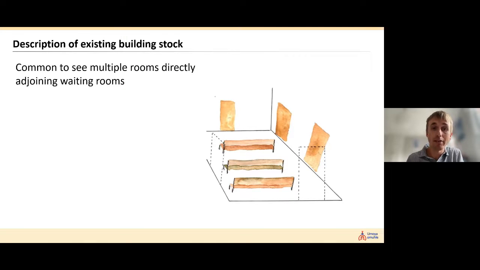Waiting areas commonly consisted of a central space with multiple directly adjoining rooms, for example, consultation rooms or pharmacies or files rooms, and all of these building designs taken together place limits on the extent of cross ventilation that is possible in these spaces.